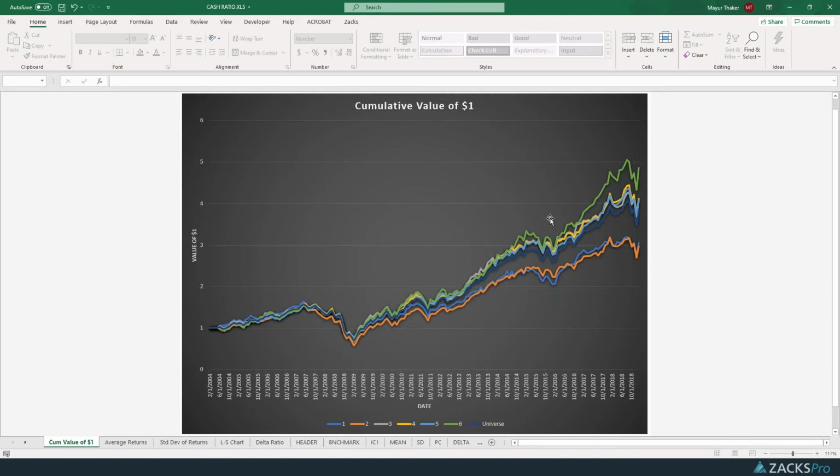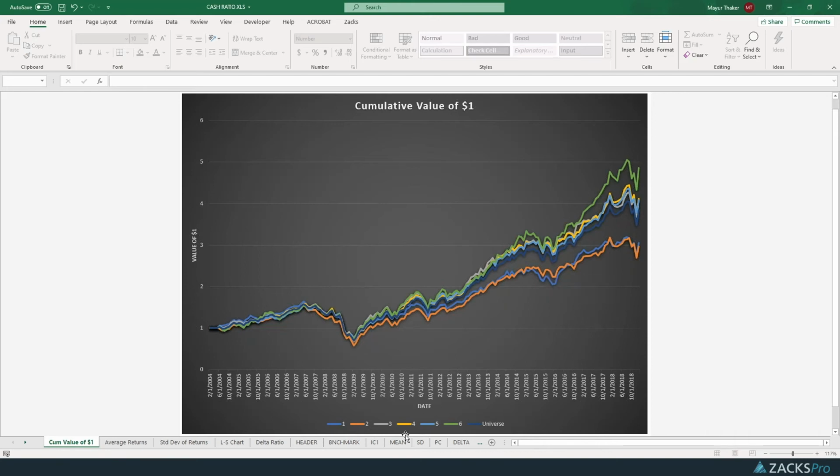And you can see here that not only does this green line have the best returns, but you can see a clear separation starting in 2012, or really in the post-Great Financial Crisis era, where there's a separation between the top pack and the bottom pack. And the bottom pack are, as you would have guessed, the companies that are in bucket number 1 and number 2. So those are the two buckets that are lowest in terms of the liquidity ratio.